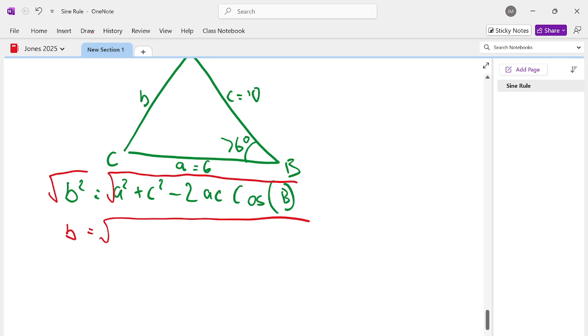So substituting in, A is 6, so 6 squared plus 10 squared minus 2 times A, which is 6, times C, which is 10, times the cosine of B, which is 76 degrees.